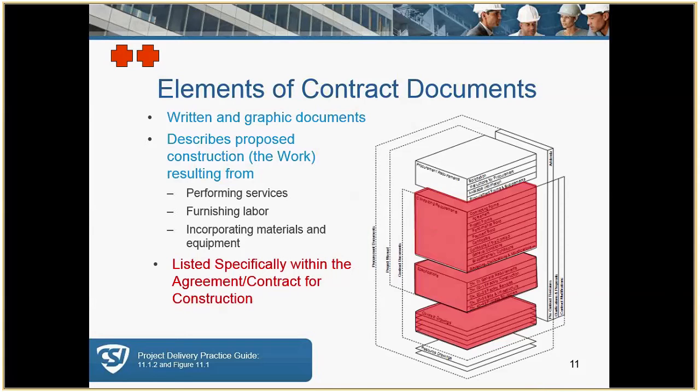They'll include the specifications and the drawings, and also all the contract modifications and the ASIs. Note that the procurement requirements and the addenda are not part of the contract documents, and neither are the resource documents at the bottom of the tower, which relate back to the additional information which we'll be discussing in a few more slides.